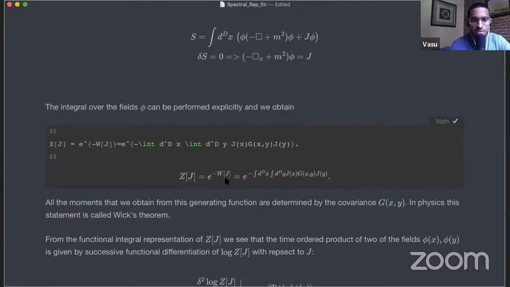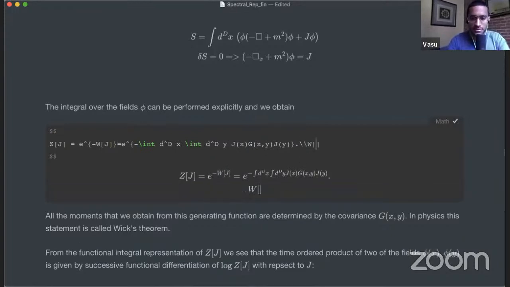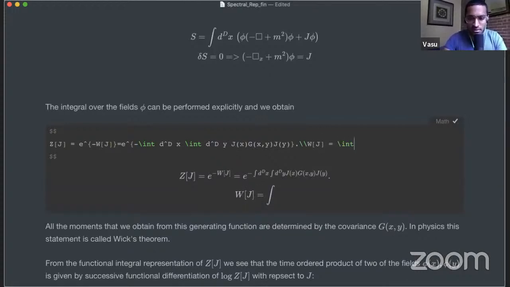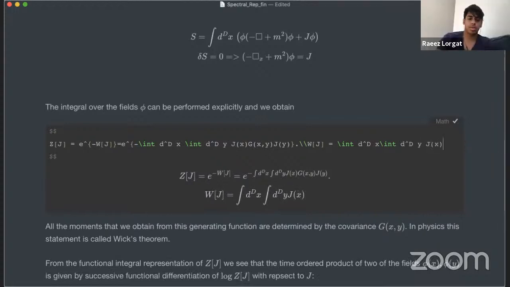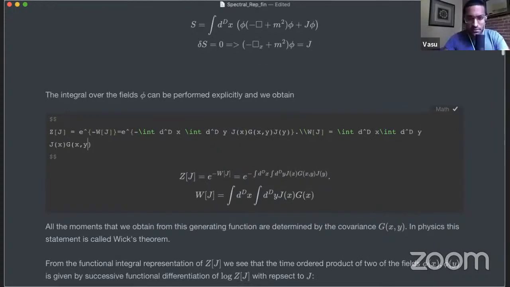So in some sense, you could treat W of J as a sort of classical object, roughly speaking. And from inspection, just by definition, W of J is going to be this double integral over x and y of J, G convolving both these J's at different points.